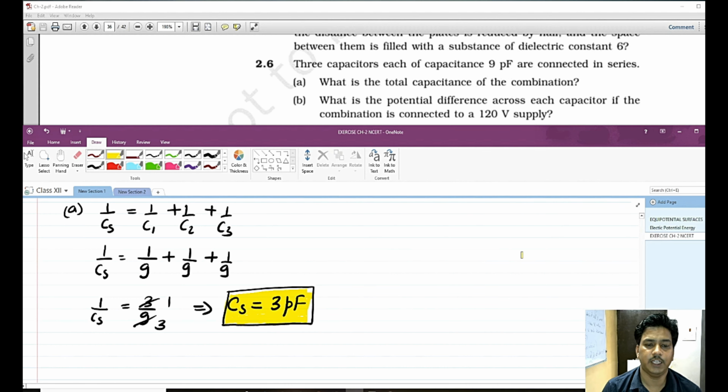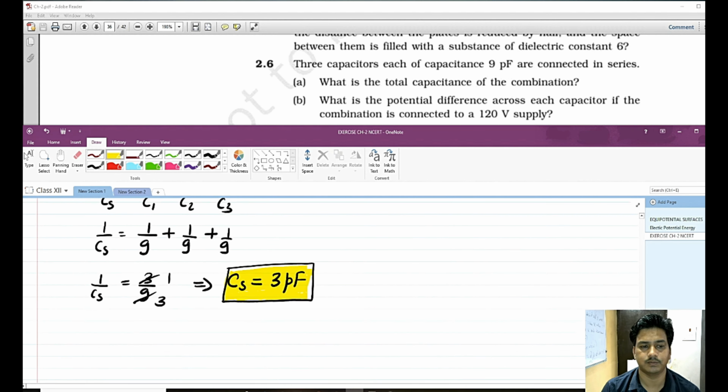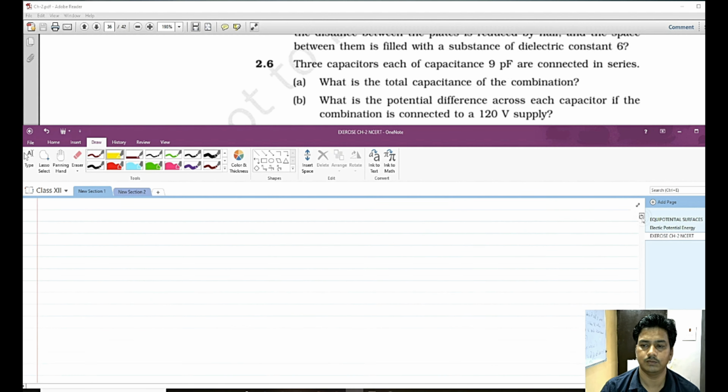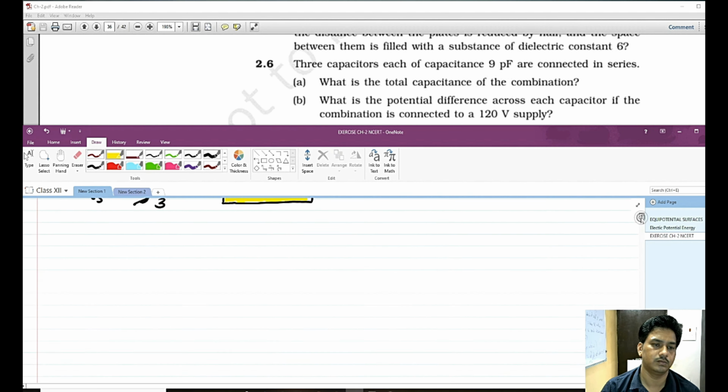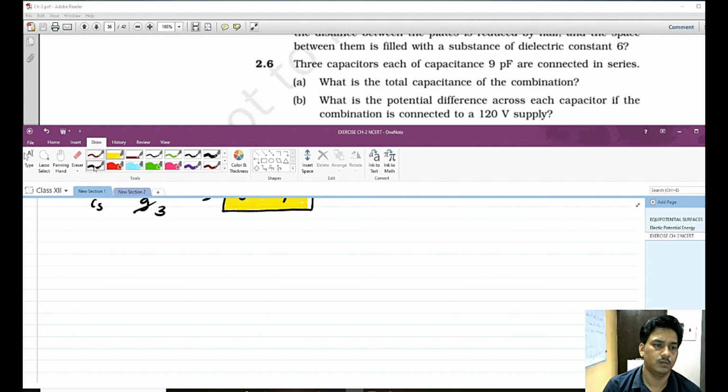Now the second part of the question is, what is the potential difference across each capacitor if the combination is connected to a 120 volt supply?